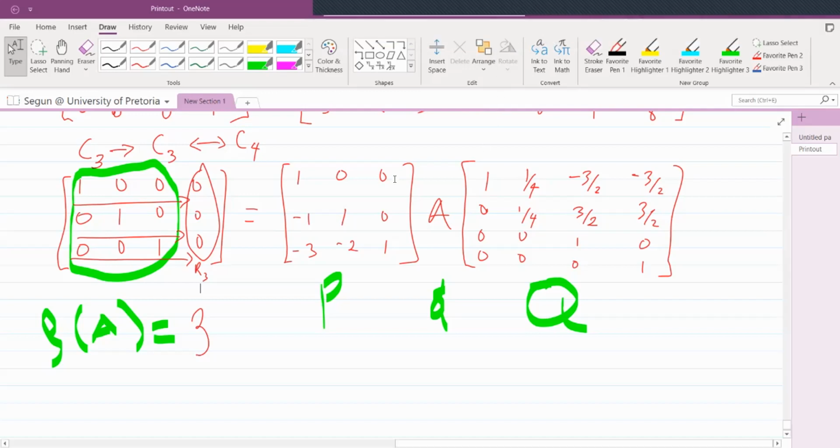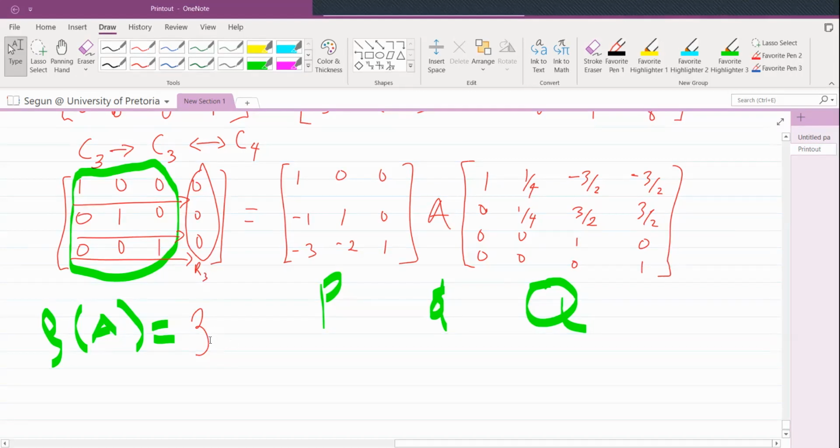When we are talking about matrices, the rank is the number of non-zero rows you have after you reduce it. You discover that in this matrix we have 1, 2, and 3.